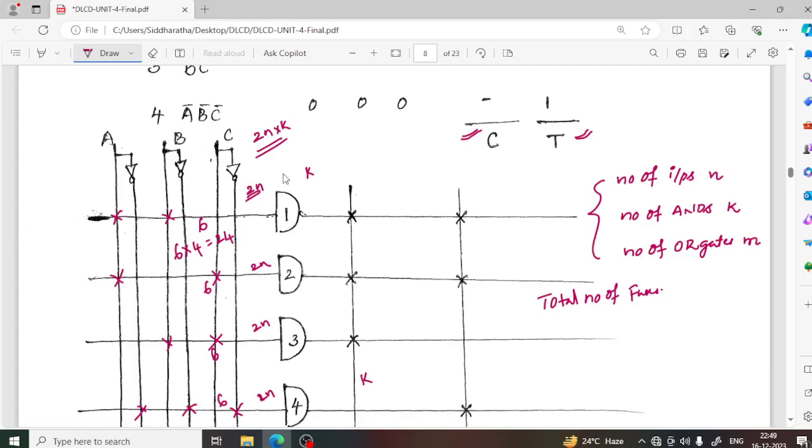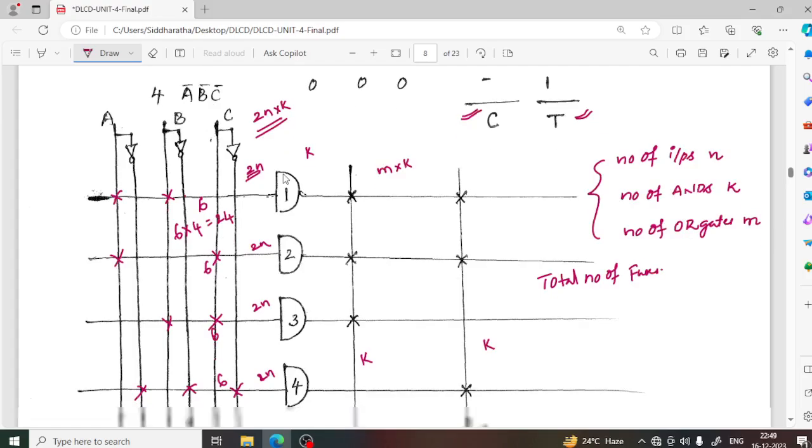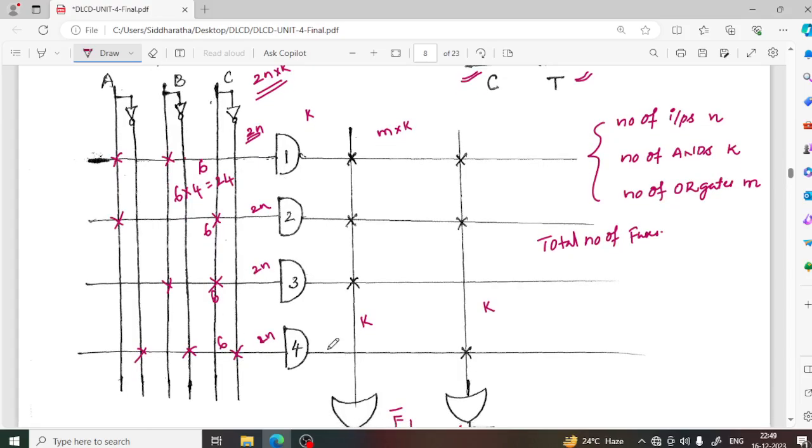Now every OR gate consists of how many fuses? K fuses, right? So here how many fuses are there? M into k fuses are there. M is the number of OR gates. 2 OR gates are there. Every OR gate has how many fuses? 1, 2, 3, 4 fuses are available.